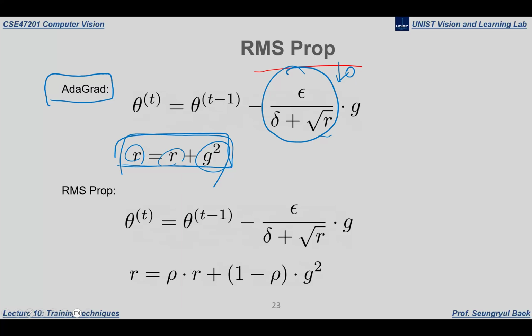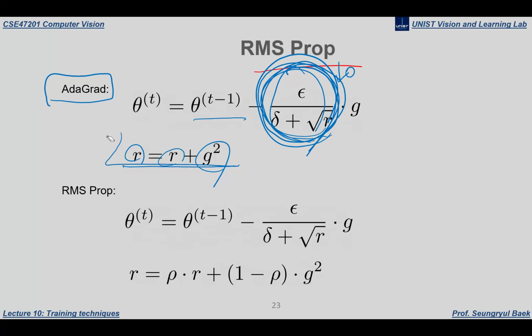Which means after a few epochs, most of the parameters have a small learning rate, because their scale is already saturated. Therefore there's not much update for those parameters. We cannot control their saturation easily. Their scale, we cannot manage easily.